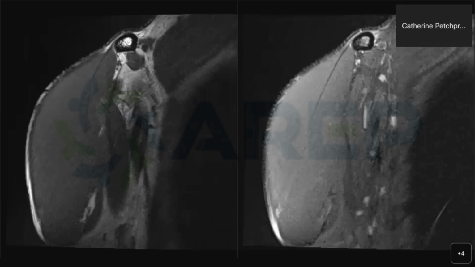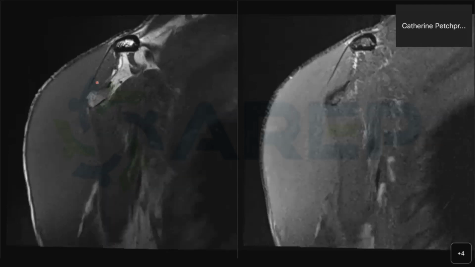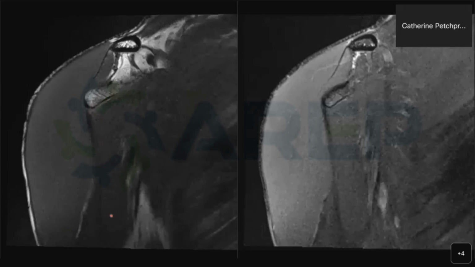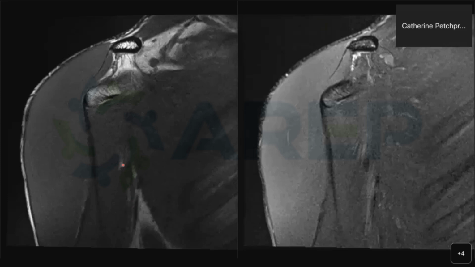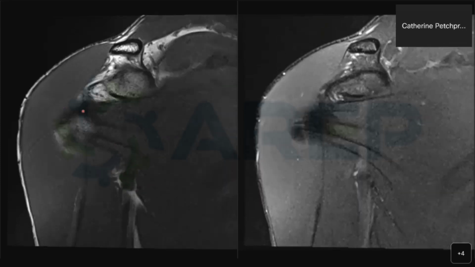Let's look at the images. Side by side, coronal oblique, proton density sequences, fat-suppressed and non-fat suppressed. This is the front of the shoulder, and we will review the images from front to back. This is the coracoid process, and attached to it are the short head biceps tendon and coracobrachialis muscle. This is the subscapularis muscle and tendon.